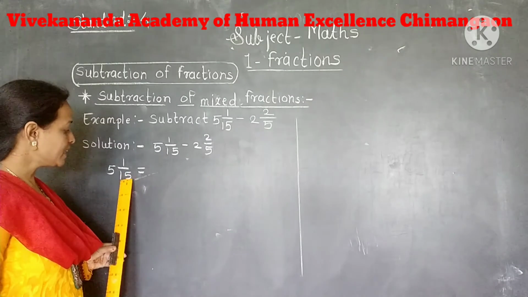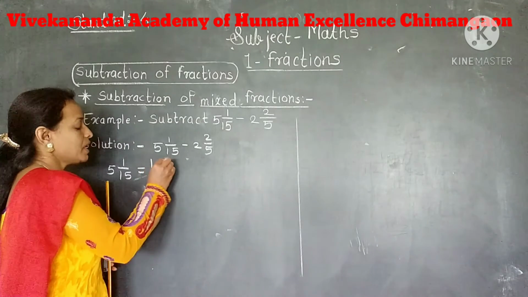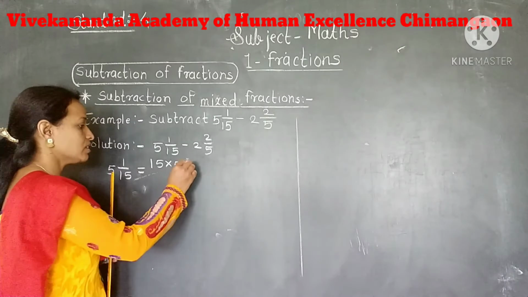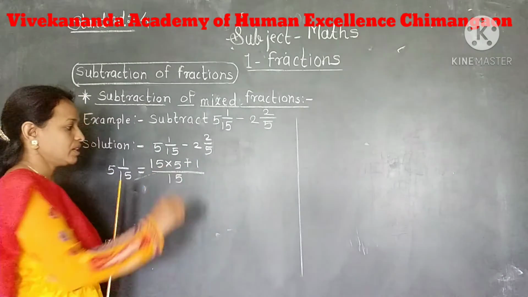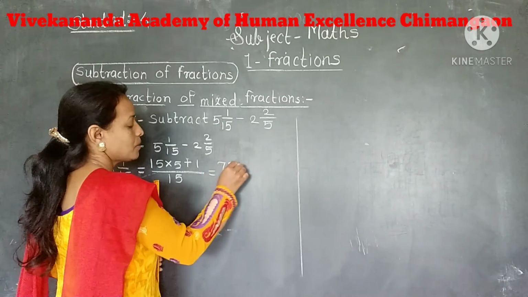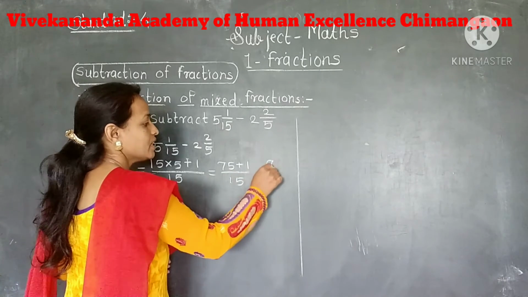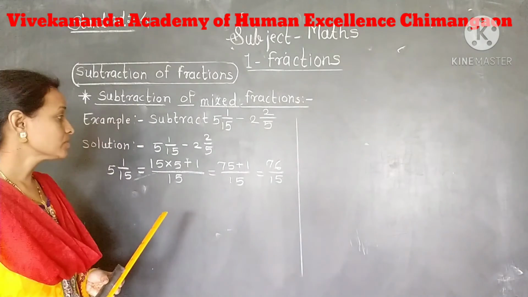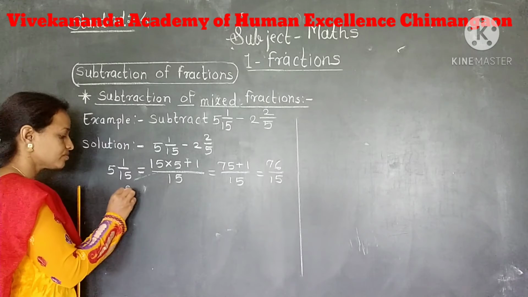So multiply the denominator with the whole number 5. We multiply 15 by 5 and add 1 to the numerator. 15 5s are 75 plus 1, upon 15. We get 76 upon 15. Now the second mixed fraction, 2 upon 5.